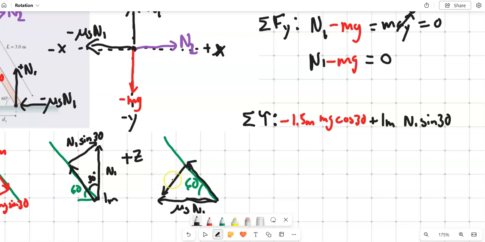So this component right here is going to be mu sub s times normal force 1 sine of 60 degrees. And that's going to be the only component that's perpendicular to the lever arm. And that's going to spin it clockwise, right? So that's pointing down. So it would be spinning it clockwise. So that's a negative Z torque, and it's 1 meter out.